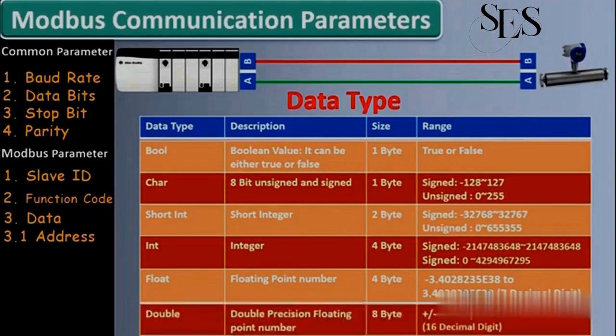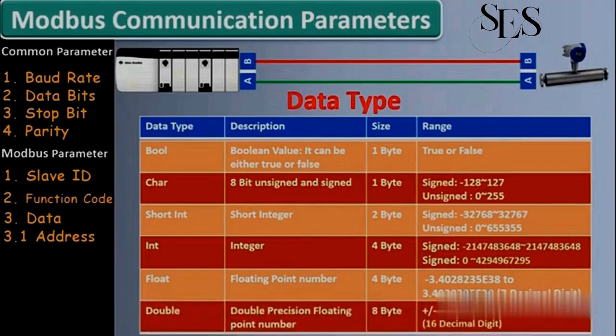Then we have an 8 byte double precision floating point number, which is actually used for transferring the totalizer value in Modbus communication.